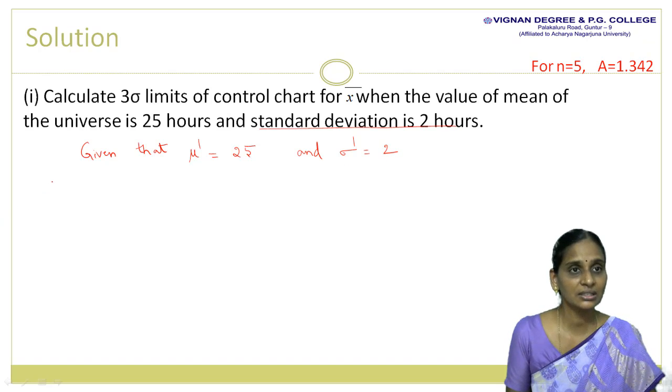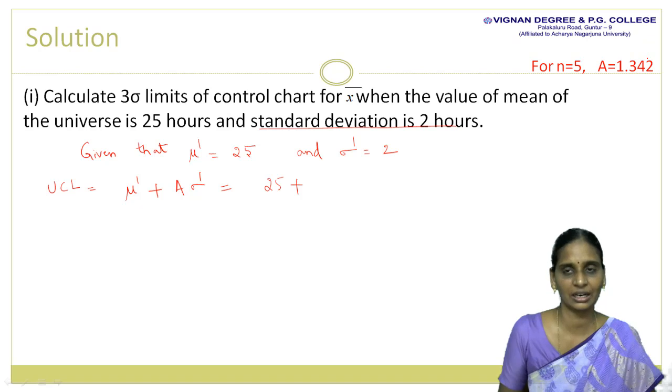Then the 3 sigma control limits for X bar chart: UCL is equal to mu dash plus A into sigma dash. The value of mu dash is 25 plus the value of A, which can be obtained from the statistical quality control tables. For the size n equal to 5, the value of A is 1.342. So we substitute 1.342 here and the standard deviation value is 2.